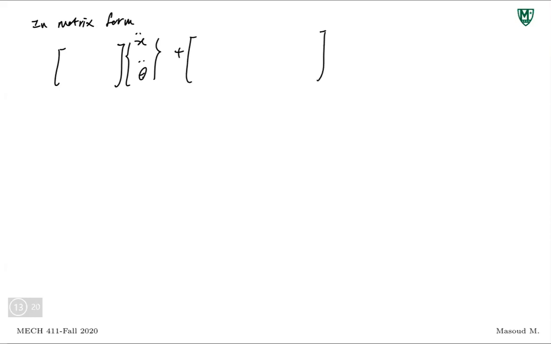So when you write the equation of motion in matrix form, you have the mass matrix there, and then x double dot, theta double dot instead of x1 double dot, x2 double dot. In the stiffness matrix, you have x and theta, and there are no forces applied. The first line comes from equation 1. The second line comes from equation 2.